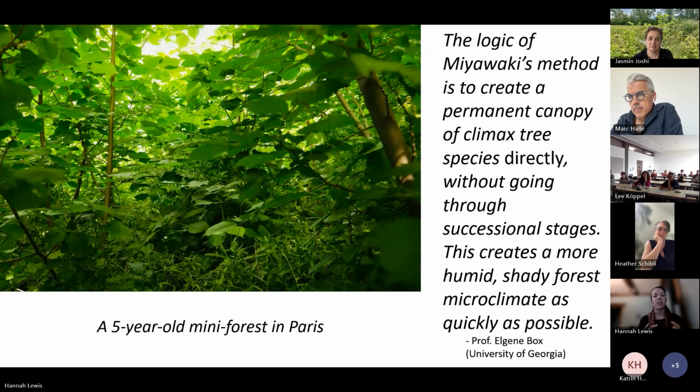And this is something that people really like about the Miyawaki method, is that after just about 2 or 3 years of weeding and watering that system, it gets to the point of being self-sustaining, because it can be shading out the weeds and holding moisture, so it no longer needs to be weeded and watered. And in fact, you can just let it grow and develop on its own at that point.